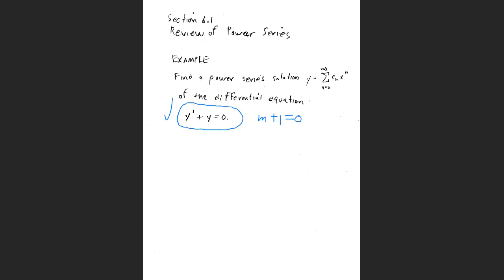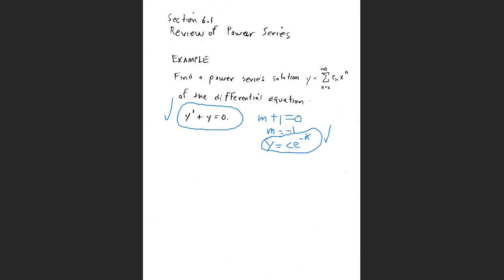So that means m equals negative 1. And so the general solution will equal some constant times e to the negative x. That's right.